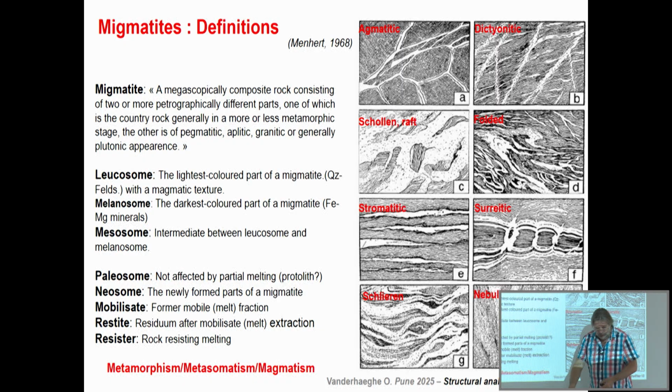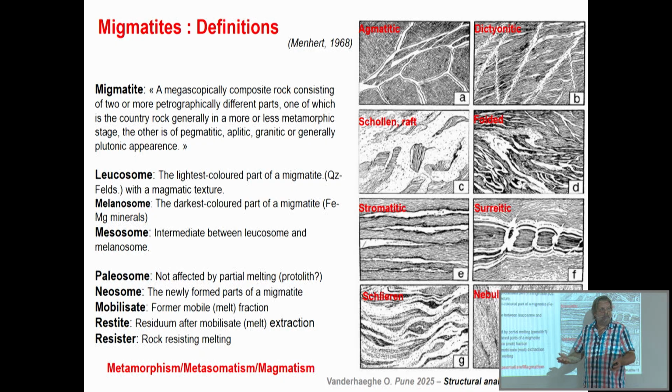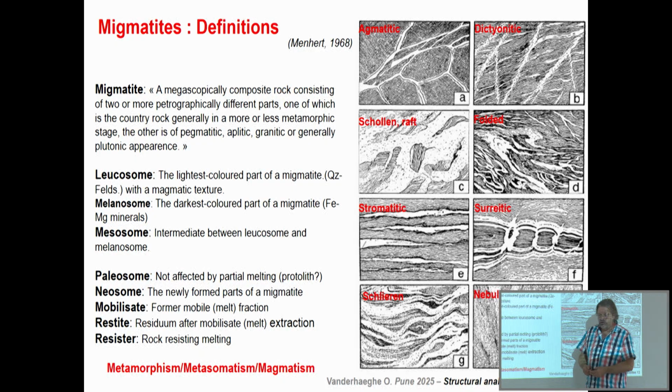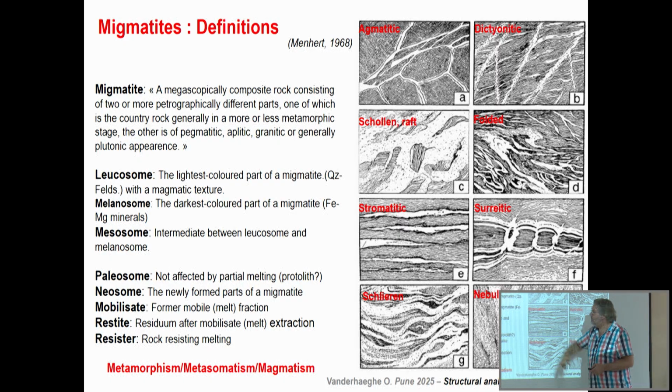Over a few meters, the PT conditions, which are the main parameters that are going to influence melting or not, and the chemical composition are not going to change so much. So there's no reason to keep a rock not affected, and just next to it, a rock that had the same composition, but then melt and solids were segregated. So I think these are risky. So we keep with these ones.